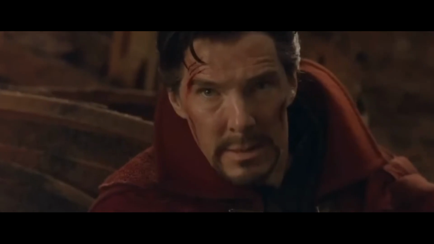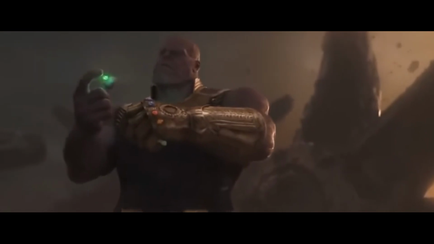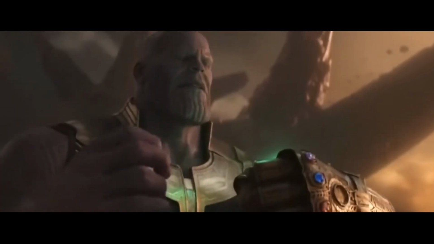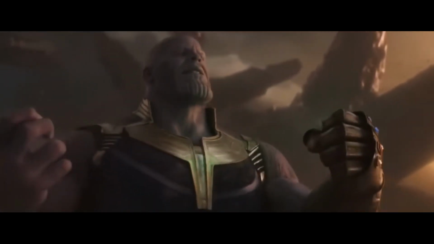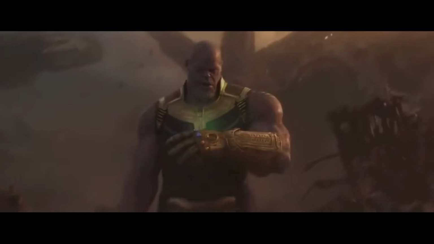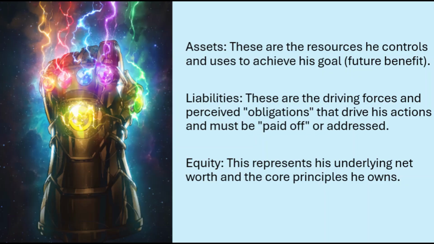His obsession with balance, again, he's making balance his mission, and his past obligations. He figures that as a warmonger, it's pretty much on him to correct that problem. So the explanation as far as the accounting equation, these are the driving forces and perceived obligations that drive his actions and must be paid off.